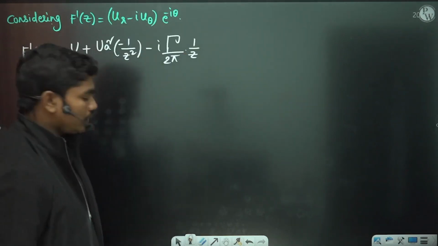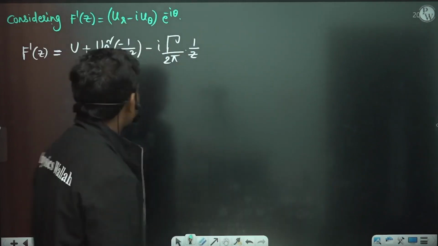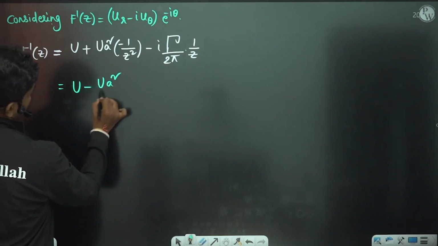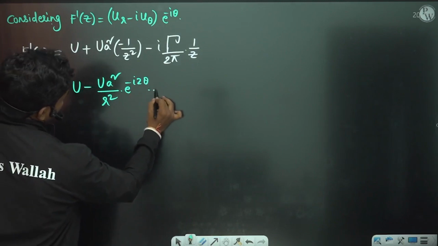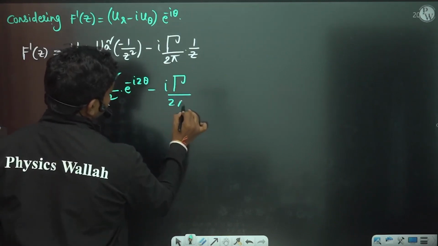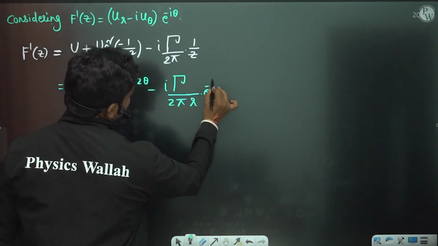So let us try to simplify this. This is equal to u minus u a square by r square into e power minus i 2 theta, minus i times circulation by 2 pi into 1 by z, which is r into e power minus i theta.